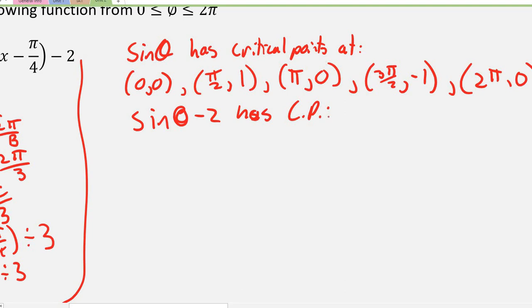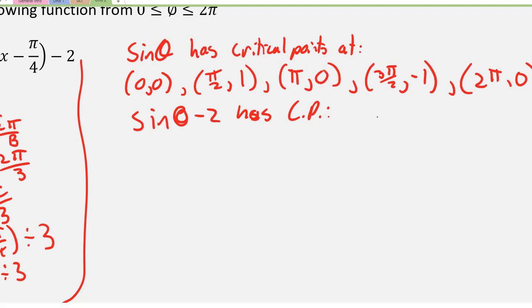If this is now my equation, sine theta equals minus 2, what happens to the critical points that I've just written there? Everything gets moved down 2. So are my x-coordinates going to be affected at all? No. I'm just going to take 2 off every one of those values.